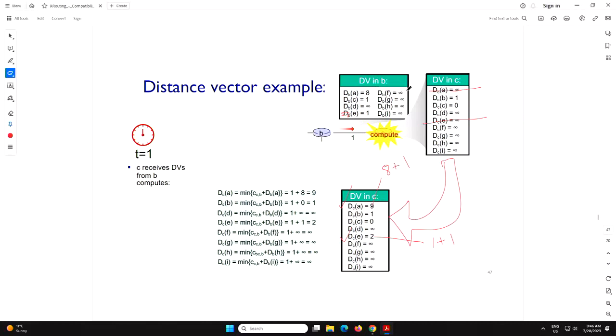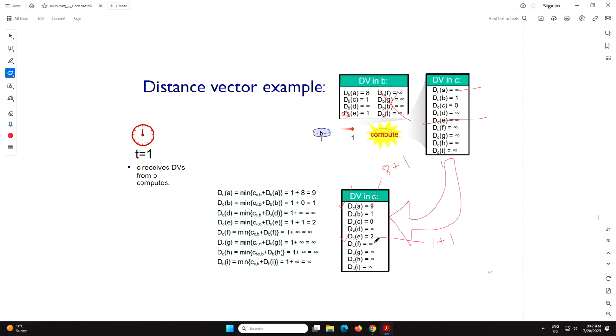What else did B have? Nothing else. So these are the only 2 updates we are expecting. So C is updated to this one, and it has 2 new entries. Before it had only 1 entry, and now it has 1, 2, 3.